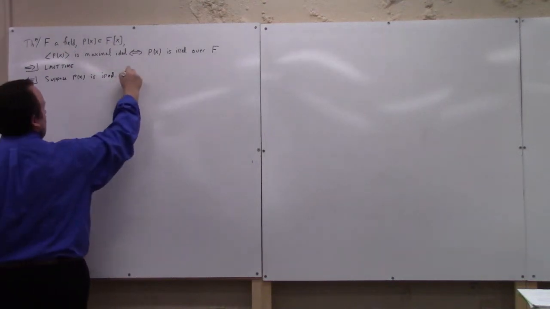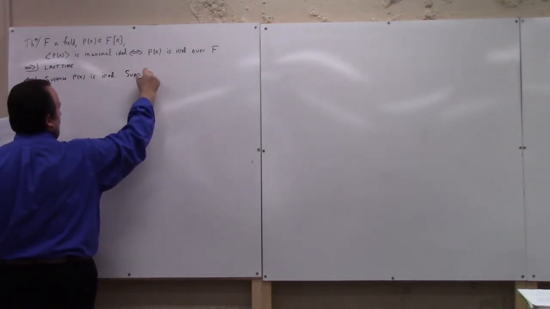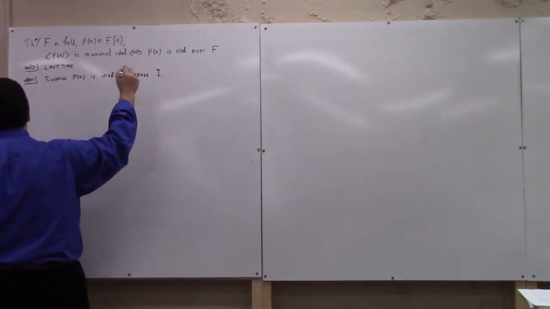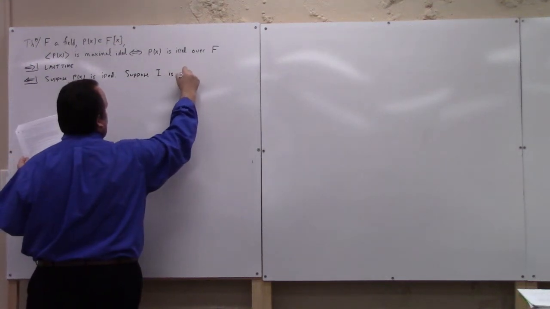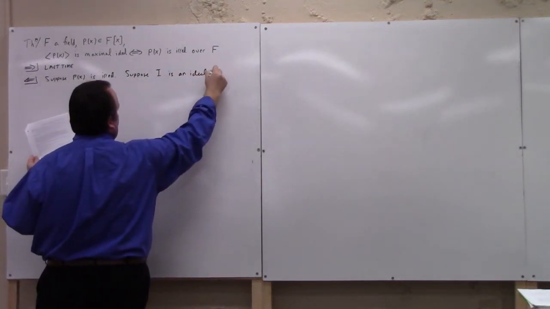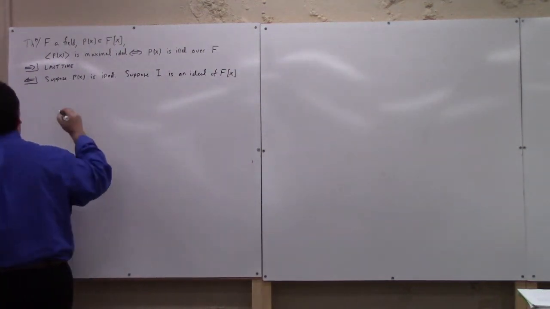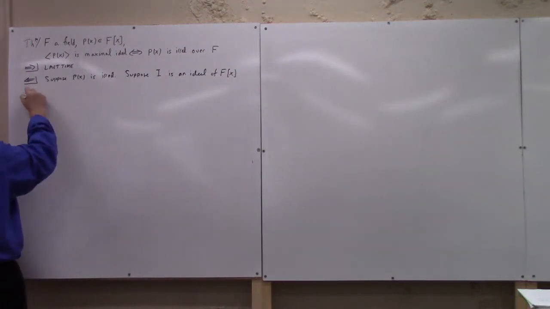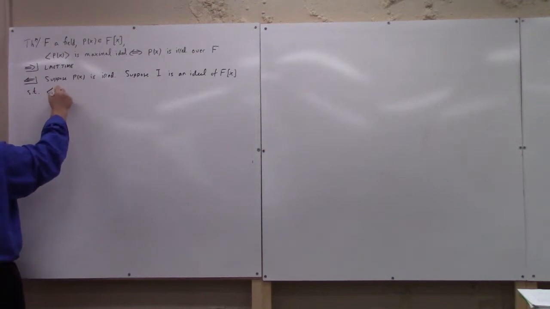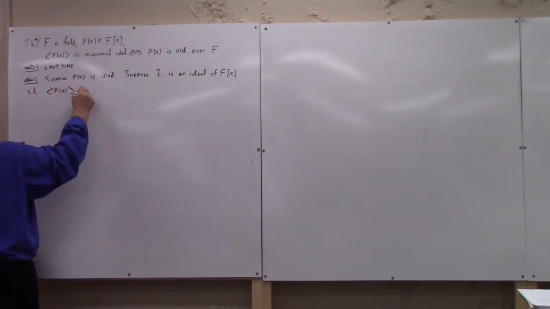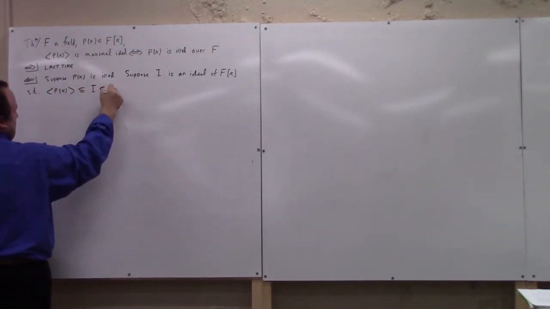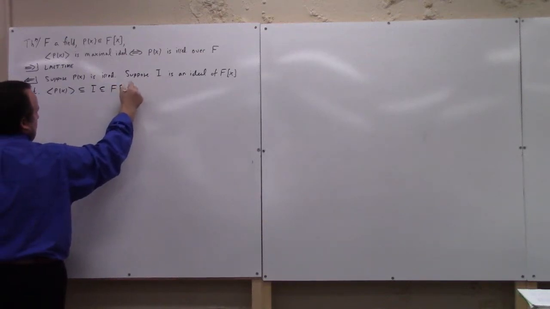And then suppose I is an ideal of polynomials over F such that the ideal generated by P of x is contained in I, which is then contained in polynomials over F. All right.